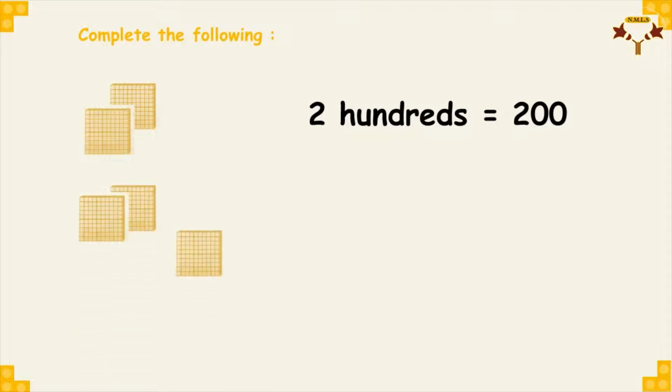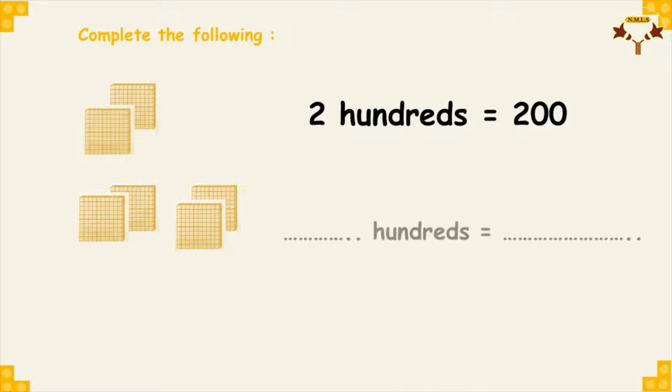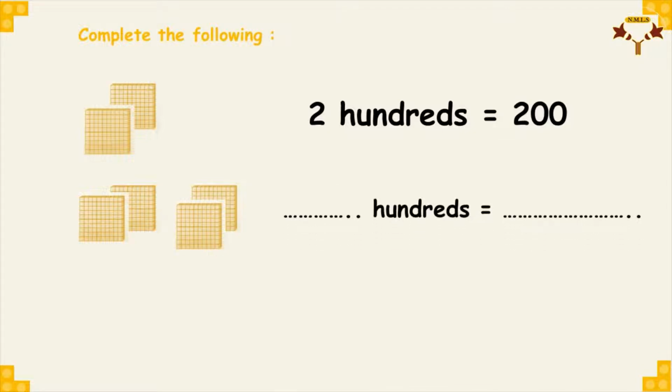And now how many blocks do I have? Let's count it together: 1, 2, 3, 4. Yes, so here I have 400. As I know, hundreds equal 2 zeros, so it will be 4 and 2 zeros.